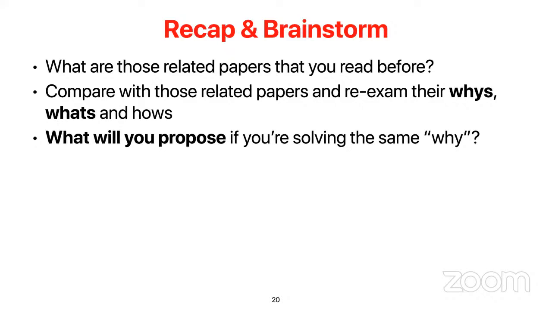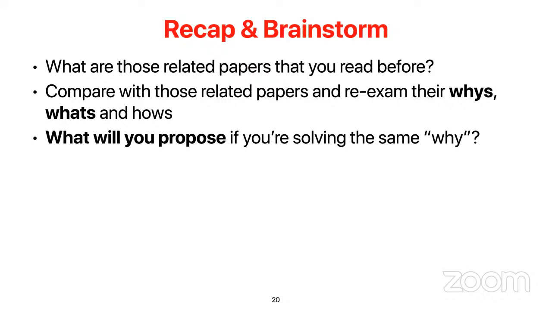Because they have some slight difference in their whys, they would have completely different whats. So that's really important. And what will you propose? If you are an engineer or a researcher, you should always think about what will I do if I am solving the same why? Will I do the same? Will I do differently? That's another thing that I would like you to think about.